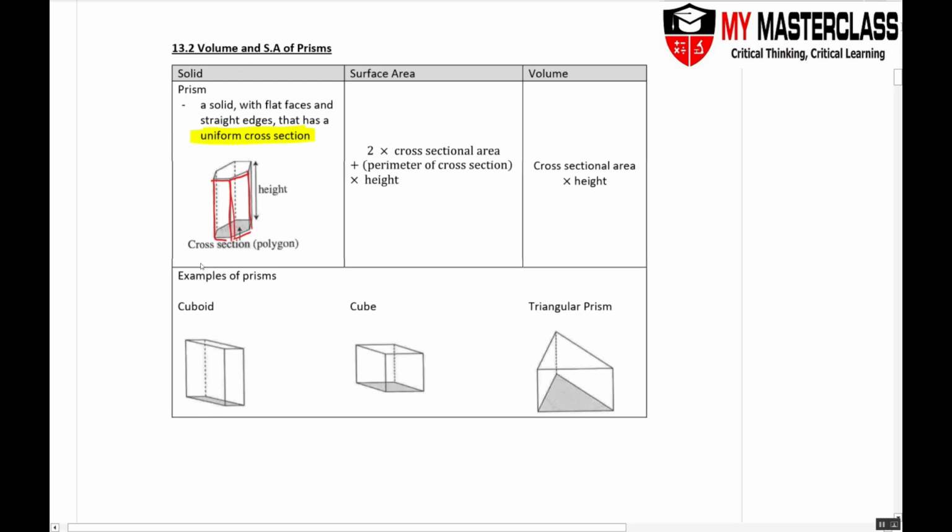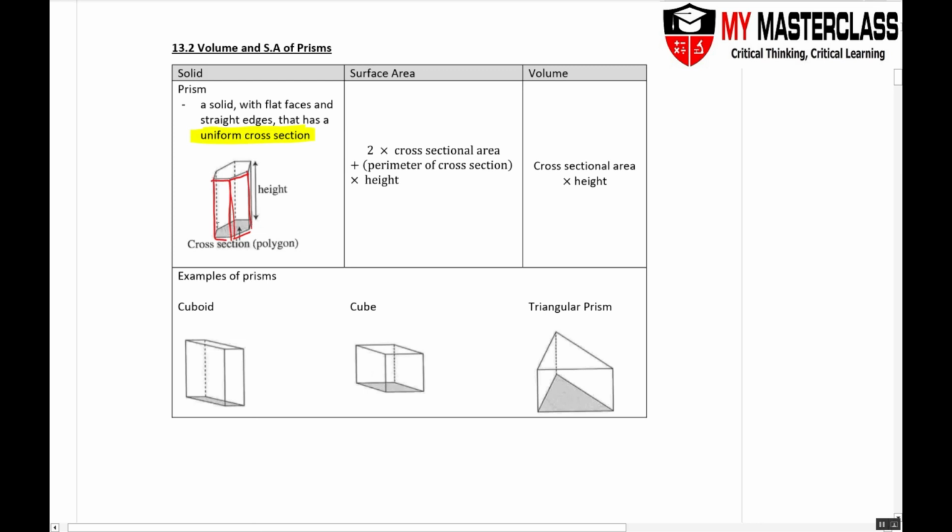Because for this example given in the notes, this is a regular polygon, which means all of the sides of the polygon are equal. If I were to ask you how many faces this has, if you can visualize, this has 6 faces. 1, 2, 3.